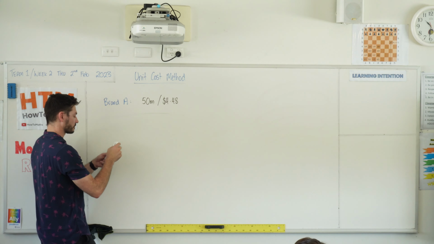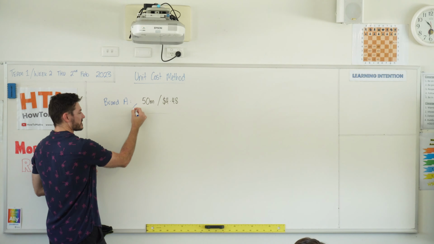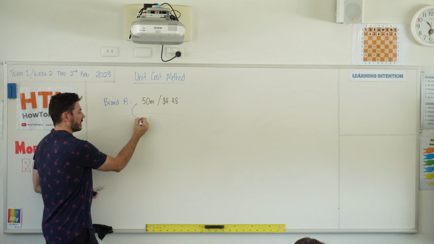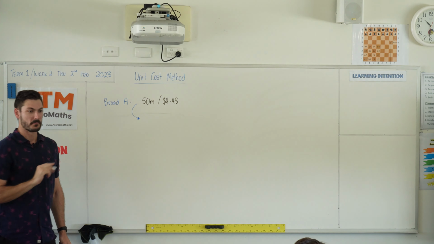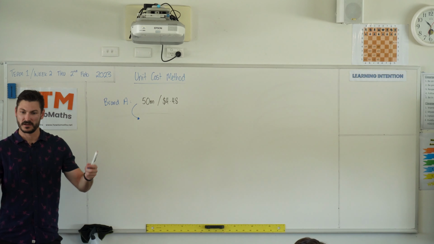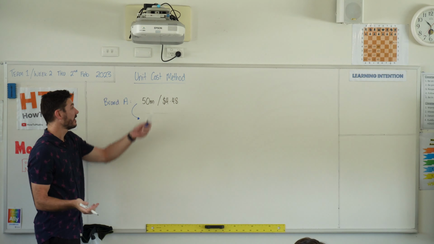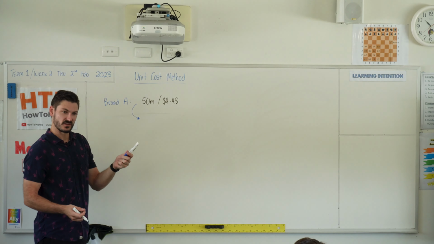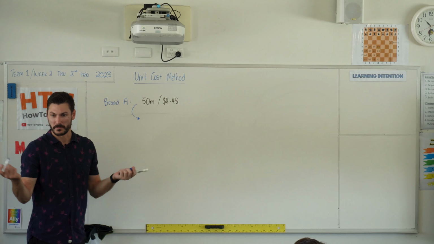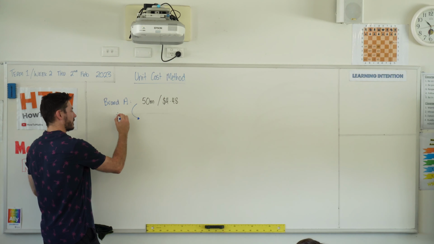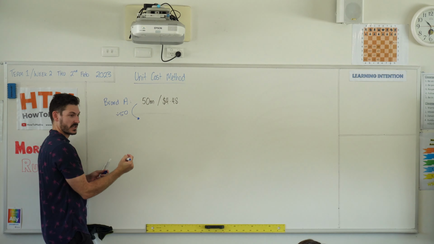But first, we want to turn this into, probably the easiest will be, 1 meter. If we put them both as 1 meter and a dollar value, that's easy to compare. It's also why it's called the unit cost. Unit means what? So 1 meter. So we're going to have to divide by 50 to get it as 1.